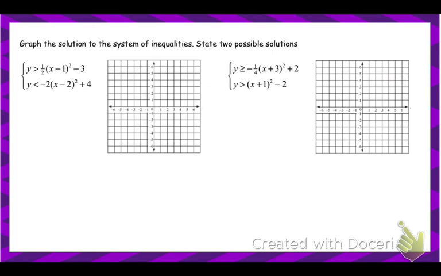So in that first one, okay, that vertex is (1, -3). It's been compressed by 1/2. So from that vertex, okay, that's my normal pattern. I'm compressing it by 1/2. So I'm going to go over 1 up a half, over 2 up 2, over 3 up 4.5, and over 4 up 8.